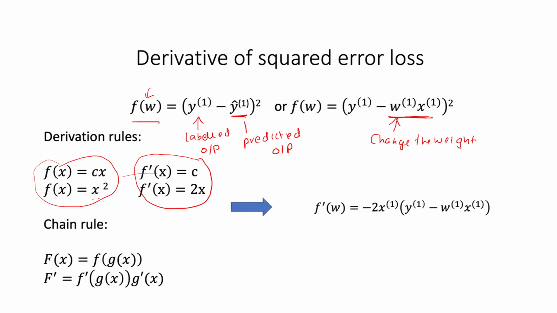F of x is x square, if you derive that, it is equal to 2x. So cx with respect to x is nothing but c, and x square with respect to x is nothing but 2x. What we are going to perform is the chain rule, which you can see over here.